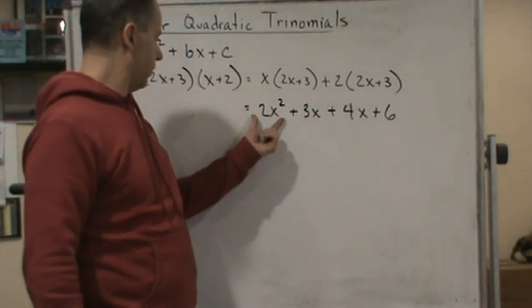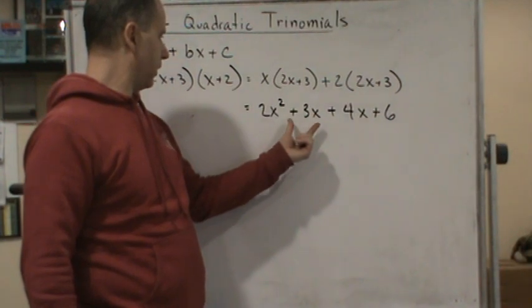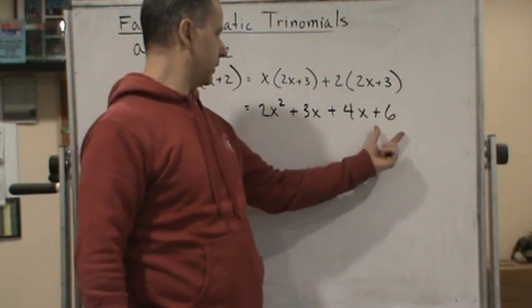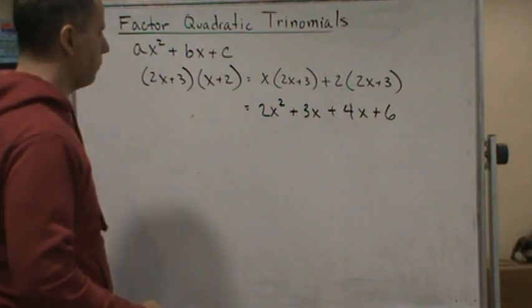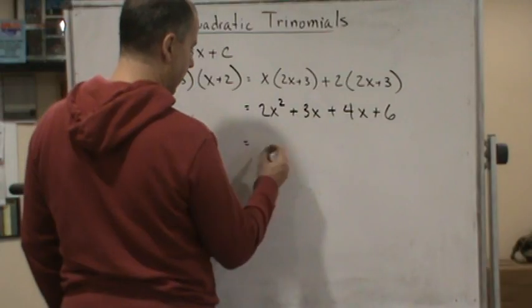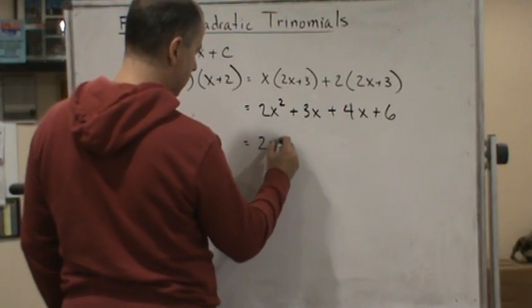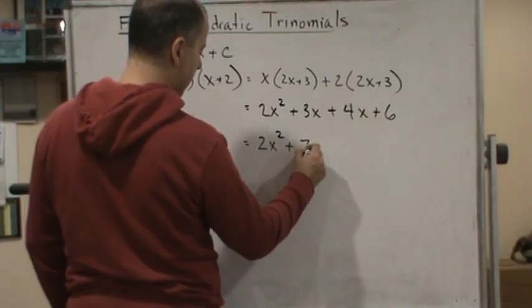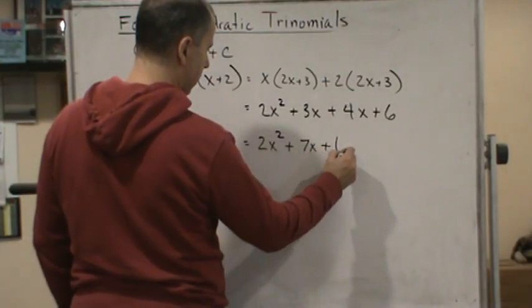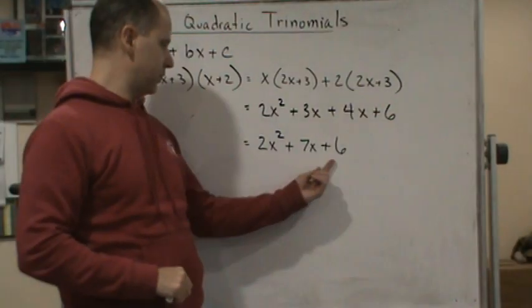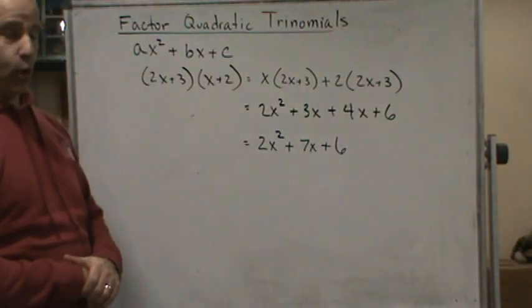So I've got 2x squared plus 3x plus 4x plus 6. Now, at this point, I just add like terms and I get 2x squared plus 7x plus 6. And so notice how I ended up with this quadratic trinomial.